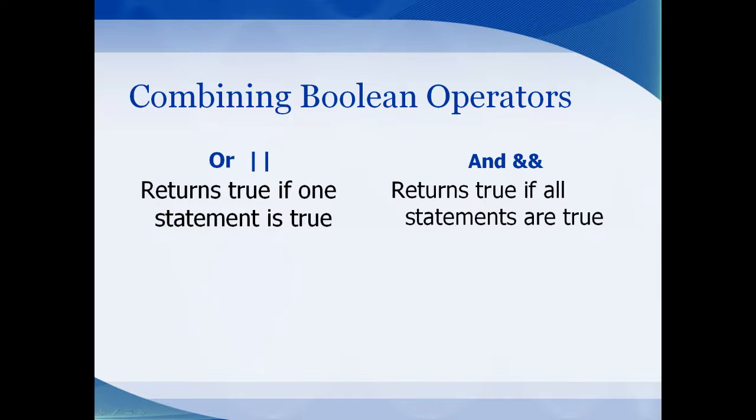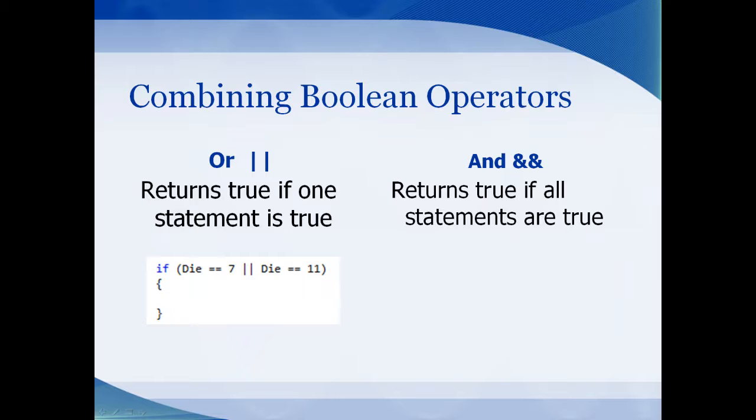So now if you remember, or executes when one of the statements is true, and the and executes when both expressions are true. So given a dice program, say we have an if statement that wants to see if a dice has the value 7 or 11. Maybe it's 2 dice or something like that. So we can use the or to test that.